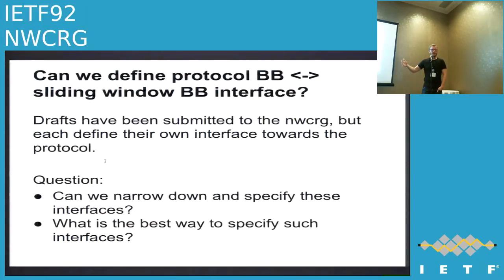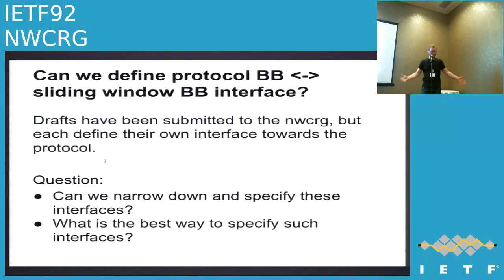And the question is basically, what would be the best way to specify these interfaces towards the building blocks, and for us to get started on these smaller drafts that split out the functionality.